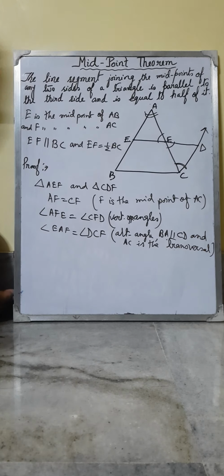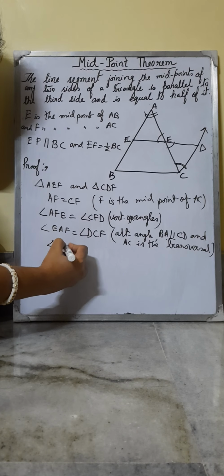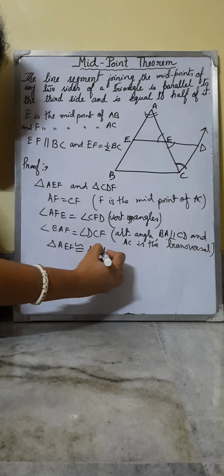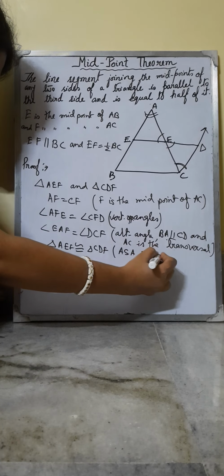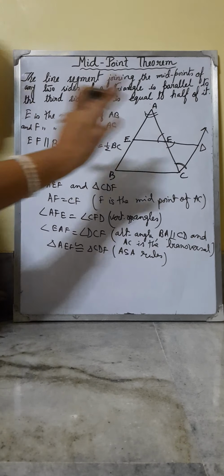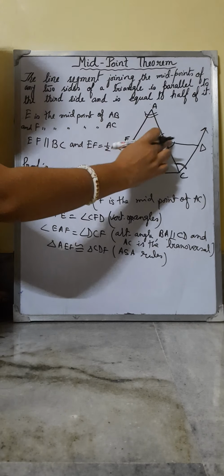Okay. So we can easily say that by the ASA rule, these two triangles are congruent. So these two triangles are proved congruent. So we can say that side EF equals to FD.